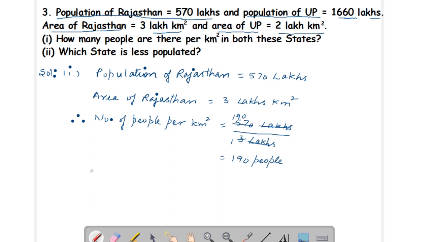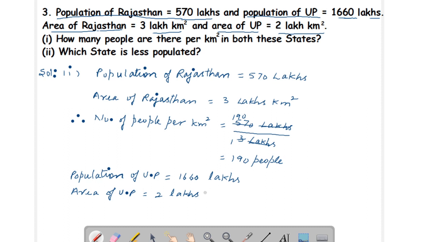Now population of UP is 1660 lakhs, and area of UP is 2 lakh kilometers square.